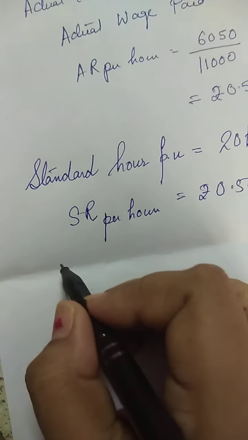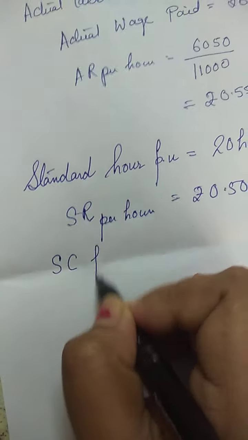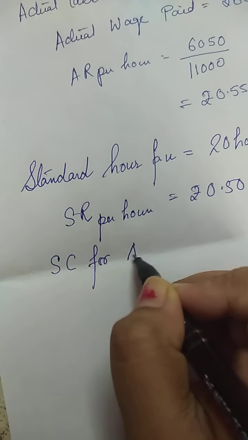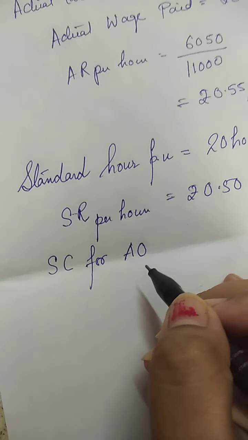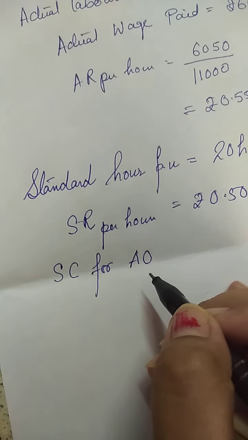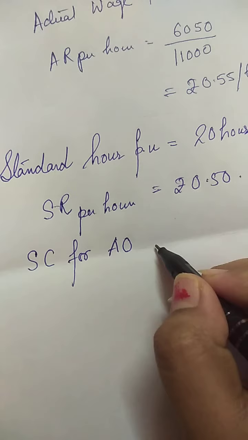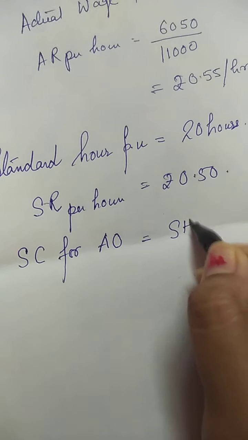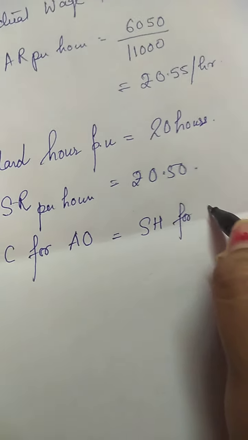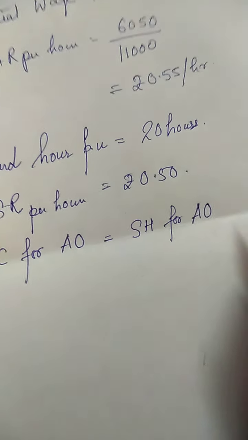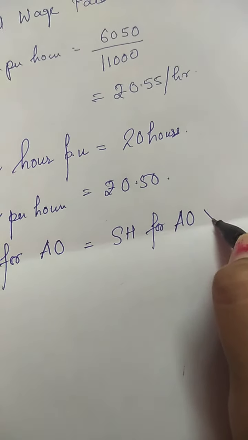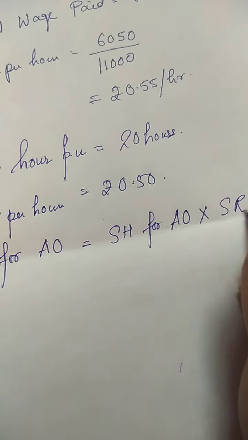So, standard cost for actual output, that we have to find out. Standard cost for actual output is standard hour for actual output into standard rate.